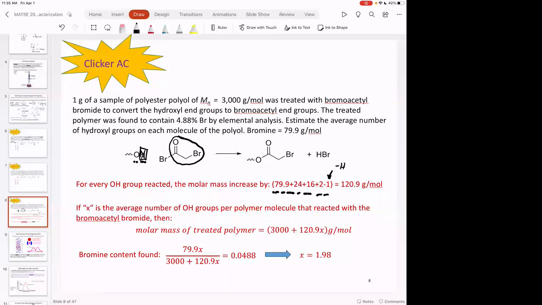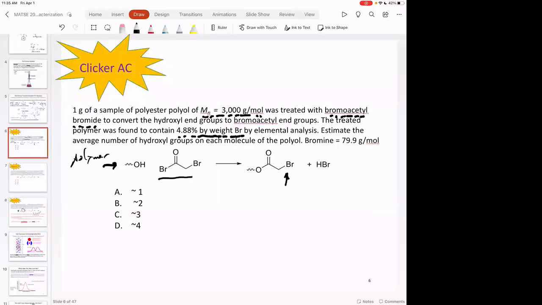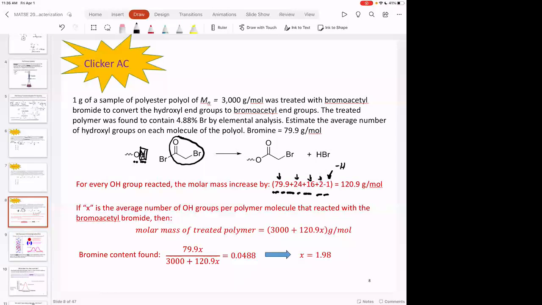So here's the bromine. There's the 2 carbons, there's the oxygen, and remember there's 2 hydrogens on there. So you should be able, rather than just staring at this PowerPoint slide, to figure out, okay, we started reacting with this bromoacetyl bromide, and from this reaction right here, we get rid of HBr. That's shown right here. And then you get this N group. So you need to account for the increase in molecular weight.